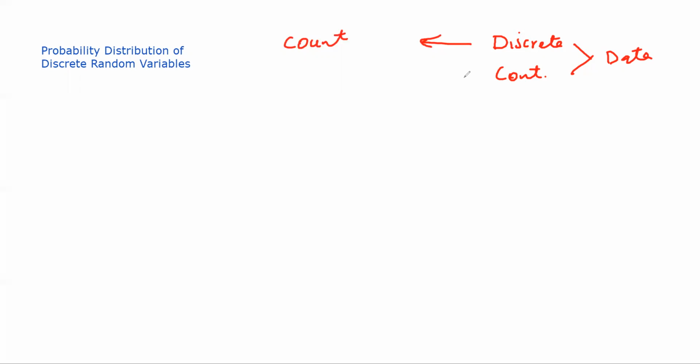Now the continuous data is that you measure. Like I just finished my further maths class. There is a chapter about the continuous random variables. The continuous random variable is that you can have a question, what is the probability that you finish a question in less than 5 minutes?